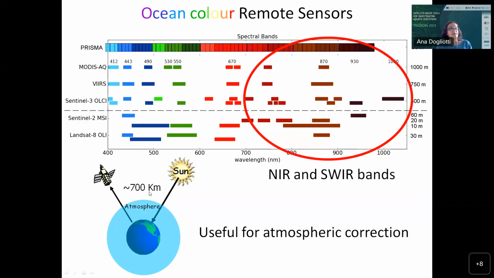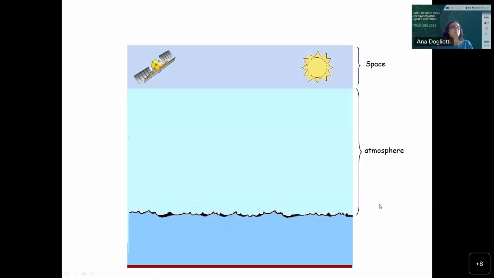So we have something in between, which is the atmosphere, and which introduces kind of a noise, let's say, a signal we don't want. And these bands are mainly used for this correction that we call atmospheric correction, to get rid of the atmosphere.